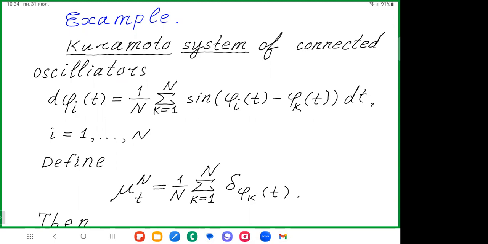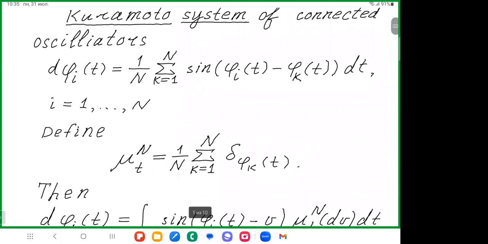Here the symbol delta is related to the well-known Dirac delta measure. So the measure delta phi k is concentrated at the point phi k with the weight 1. But the normalizing multiplier 1 over n before the sum gives us that mu t n is a probability measure concentrated in n points phi 1, ..., phi n.